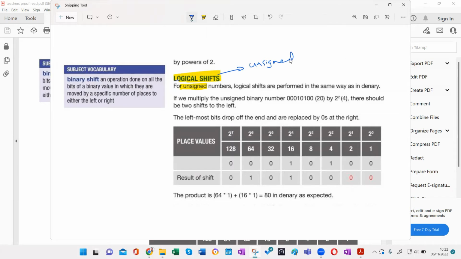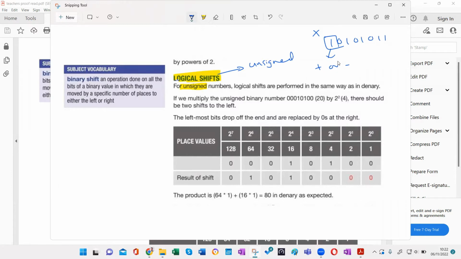Unsigned numbers are the numbers that do not have a reserved bit for the sign. That means when you have a number like this, you don't have a bit reserved for plus or minus. These are called unsigned numbers.